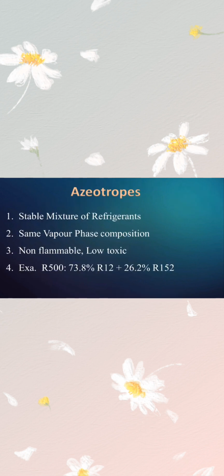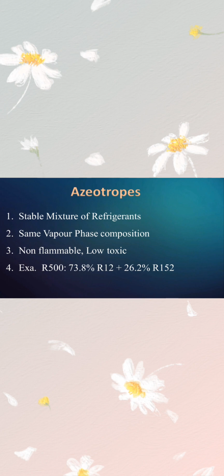Next, azeotropes. They are stable mixtures of refrigerants. Their vapor phase retains identical composition over a wide range of temperatures. They are usually non-flammable, low toxic, non-corrosive mixtures of gas. For example, R500. It is a mixture of 73.8% of R12 and 26.2% of R152.